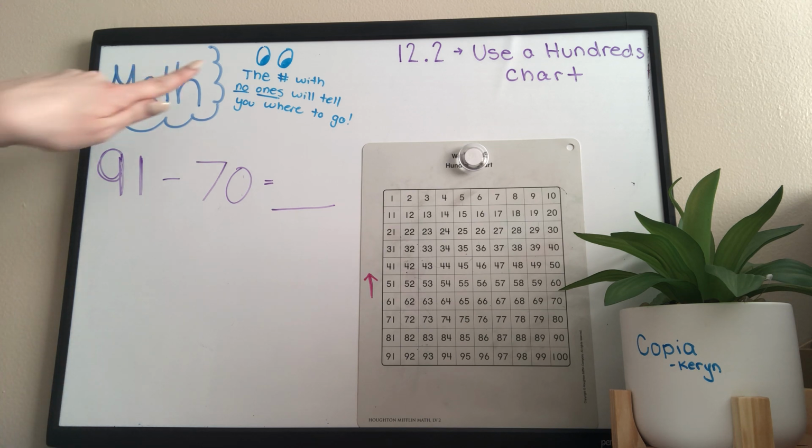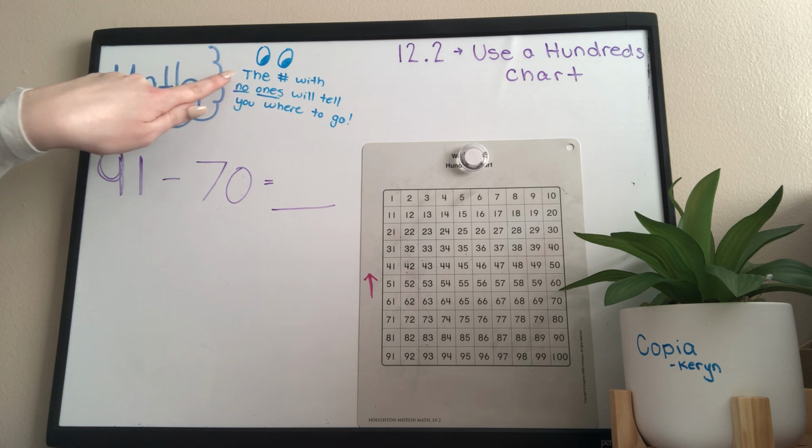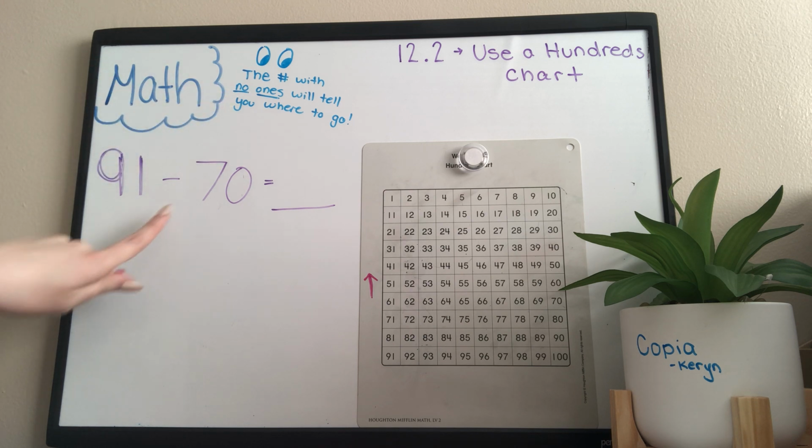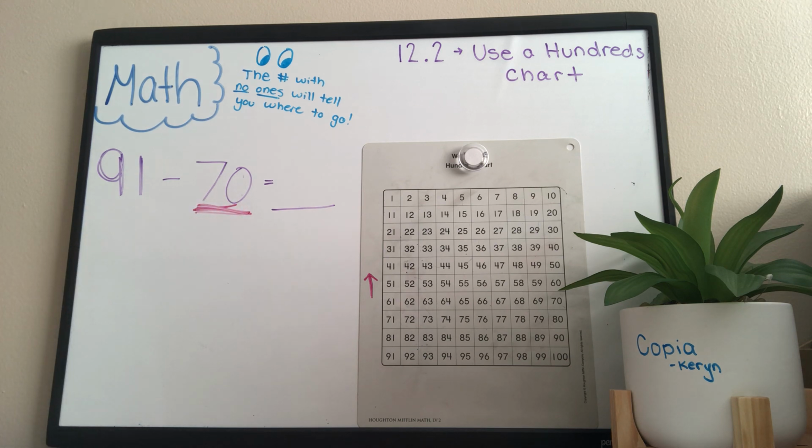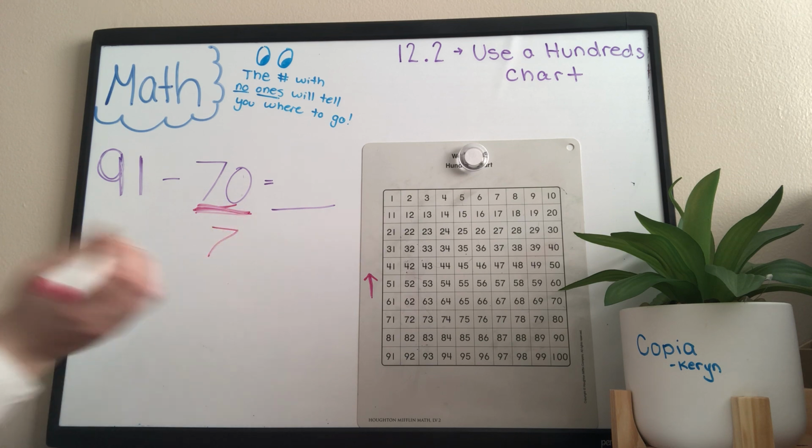Remember, the number with no ones will tell you where to go. So what number is that in this problem? Is it 91 or is it 70? Wonderful, it's 70. And what number is in the tens place that's going to tell us how many spots to move? Awesome, super duper amazing job. It's 7.